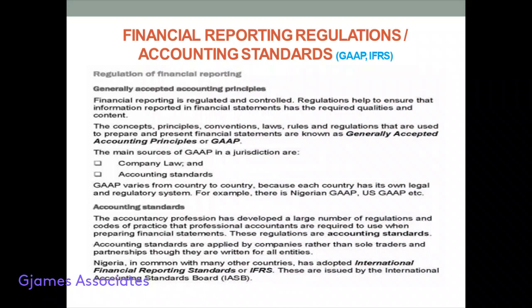So regulation now has broken boundaries. Even though there are still local or nationwide regulators and bodies of accounting knowledge, we have them in each and every country.